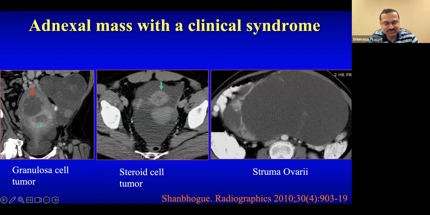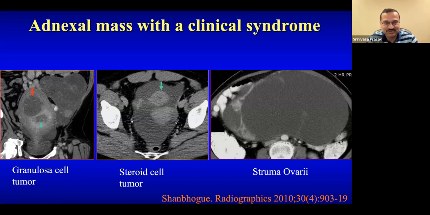And this was a patient who presented with hyperandrogenism, hirsutism, and other things. This was a patient with a steroid cell tumor. Again, this was called an exophytic fibroid on one of the prior imaging.